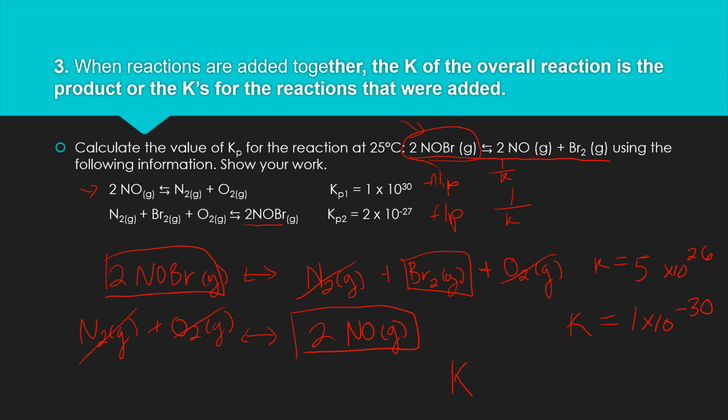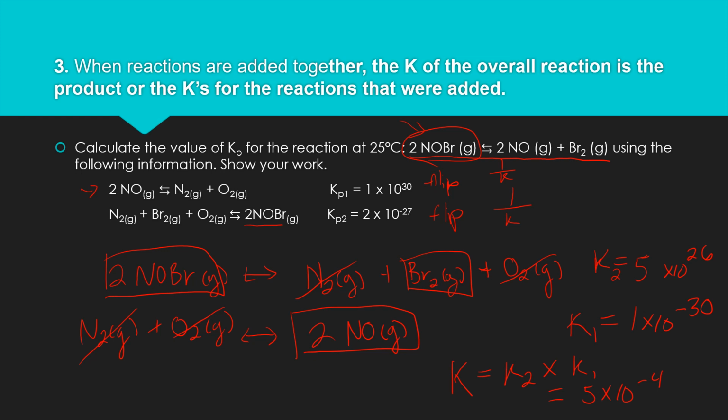So K for my overall is going to be equal to K2 times K1, since they were the second and first reactions. So 5 times 10 to the 26th multiplied by 1 times 10 to the negative 30th, and we get 5 times 10 to the negative 4th as the equilibrium constant.